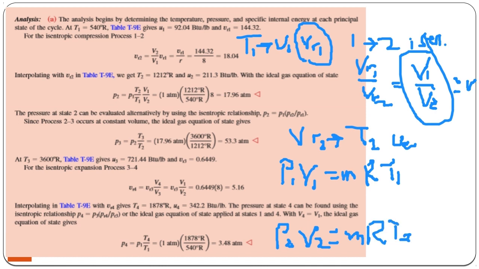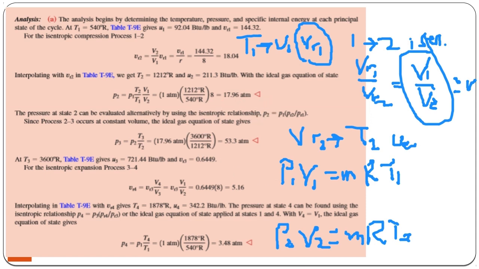So if you divide these two equations, you obtain P2, the pressure at state 2, is P1 times T2 divided by T1 times V1 divided by V2. So you can obtain the pressure from this calculation.